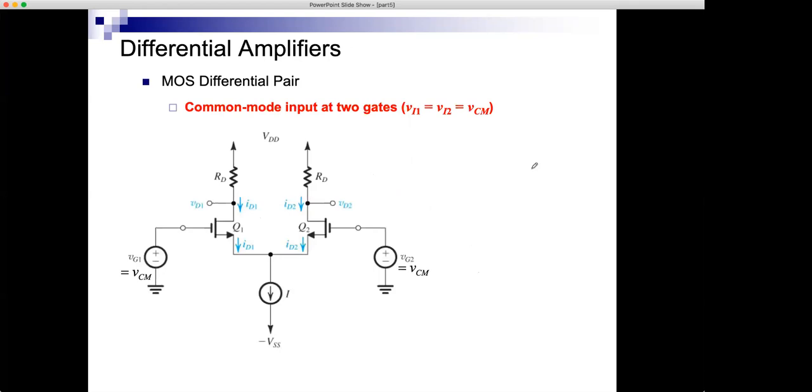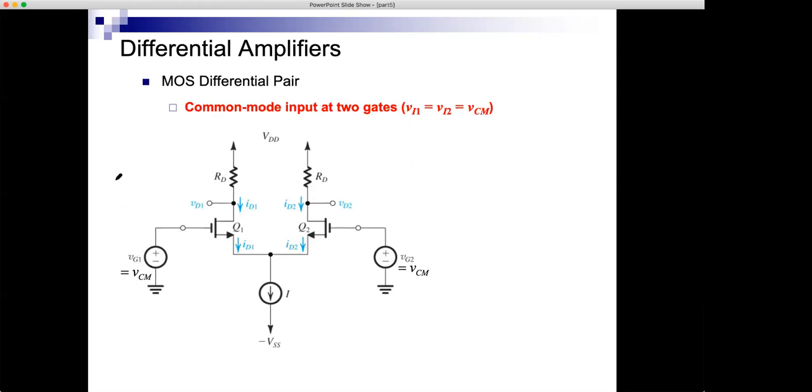So again, now let's use the term common mode. This is our MOSFET differential amplifier, and these are the two inputs. When they are equal, we call them common mode. So when this is equal to this, we use VCM.